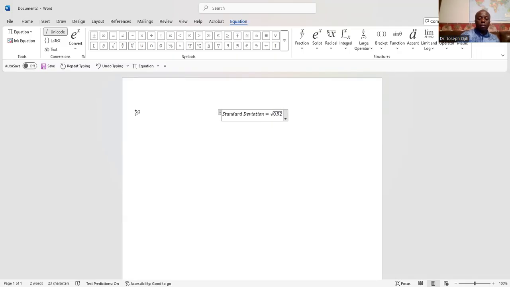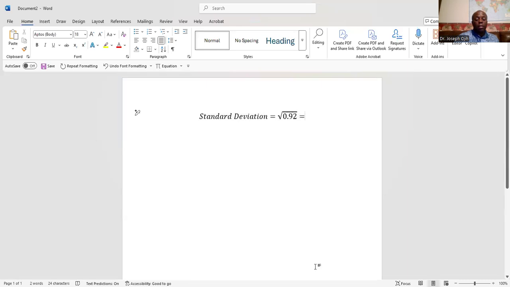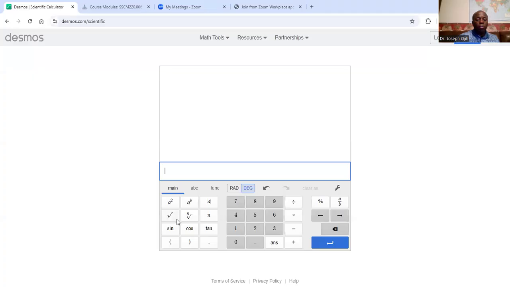Now I can go to the calculator. The square root of 0.92 is 0.96 rounded.